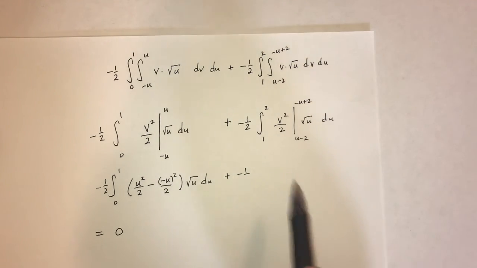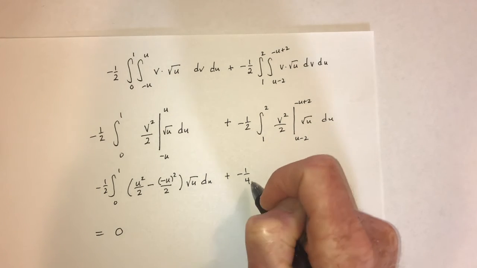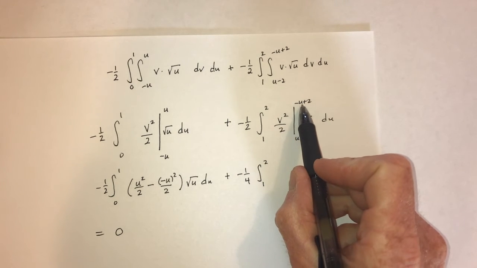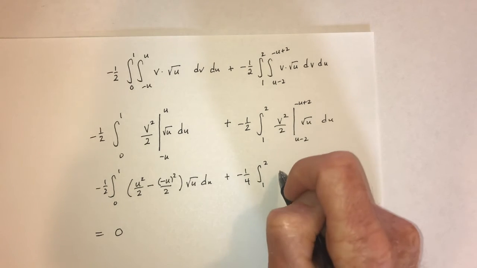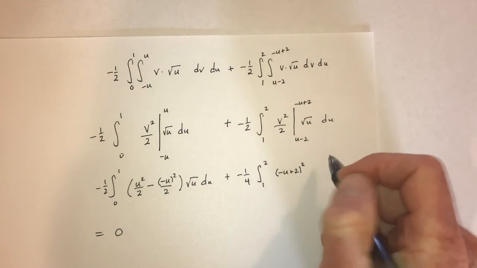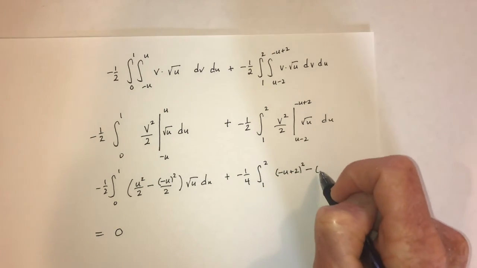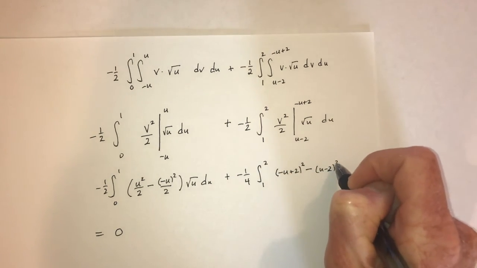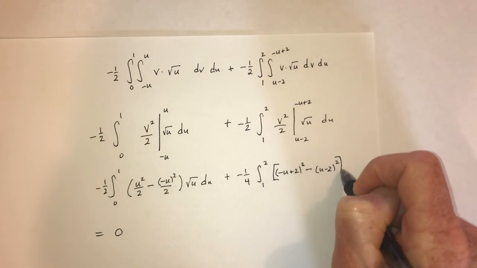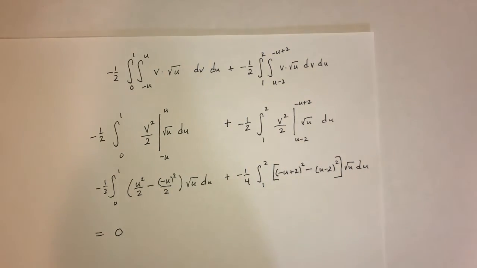Okay. Since this is a constant, I could just factor that out and make this 1/4. And then we need to substitute this in for the v, so that's going to be negative u plus 2 squared, and then minus, when you substitute this limit, u minus 2 squared. And then all of that is still times the square root of u du.